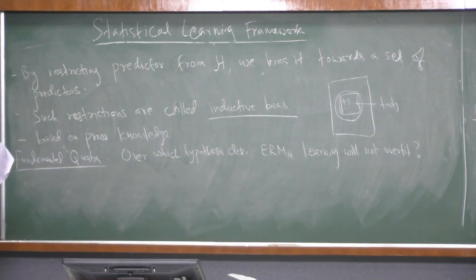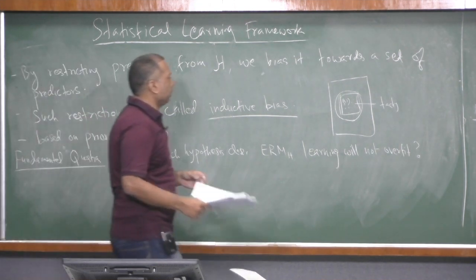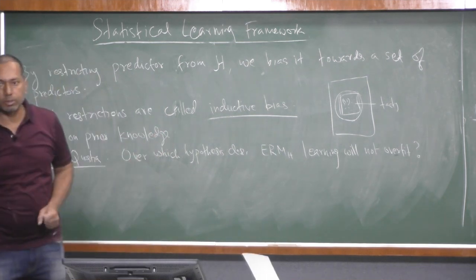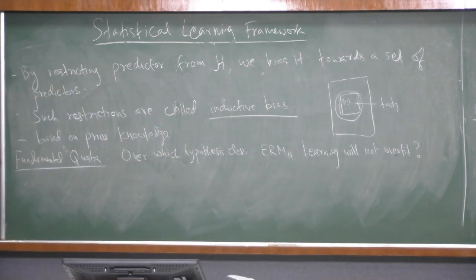Okay, so one of the questions is which hypothesis class the learning algorithm will not overfit over. One of the cases where it may overfit is when you allow any arbitrary hypothesis class. Any arbitrary hypothesis class will certainly overfit.